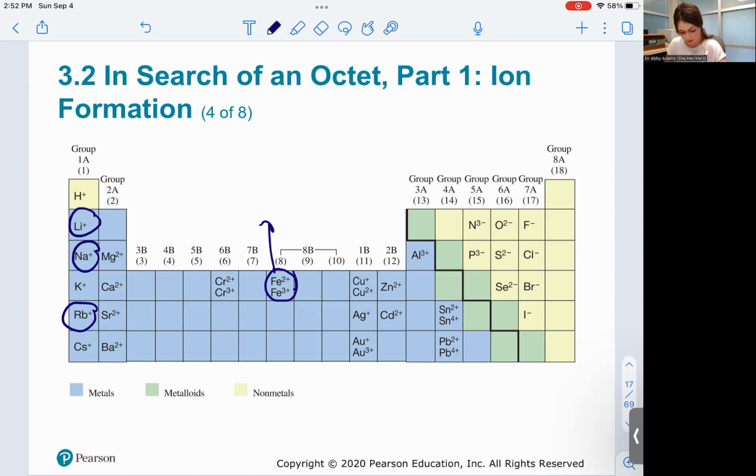You're going to write that as iron, because you have a transition metal, iron 2. You have to know your Roman numerals. Ion. And there you go. And so you know you have this cation. Okay, so you're going to be able to say it like that.